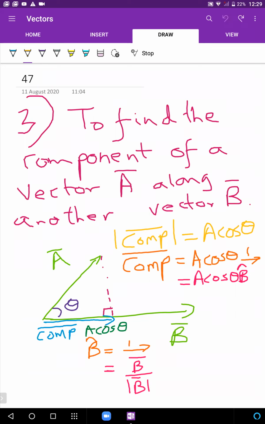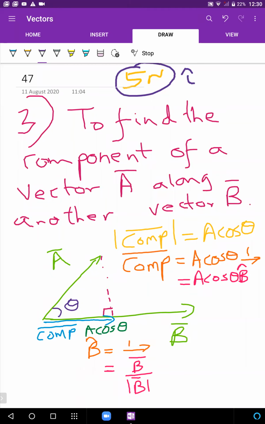If I tell you a vector has magnitude 5 Newton, but I tell you the vector is along the x-axis, wouldn't you say that vector is magnitude into I cap? 5 Newton का vector along the x-axis, we say 5 Newton into I cap.